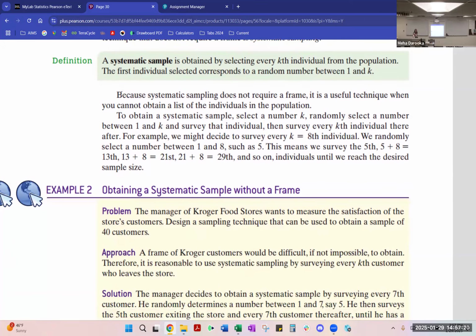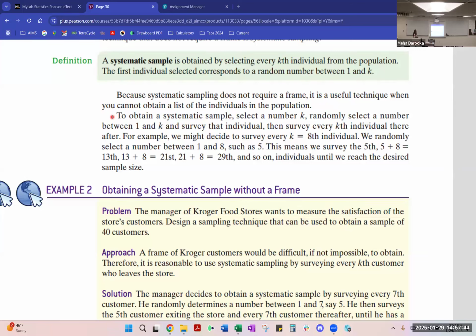I do want you to look at this little paragraph here. To obtain a systematic sample, randomly select a number between 1 and k, and you begin from that point.